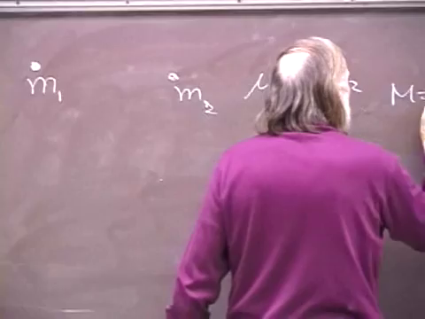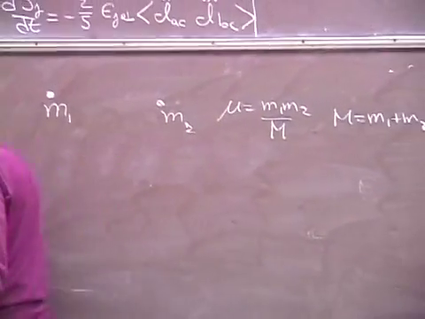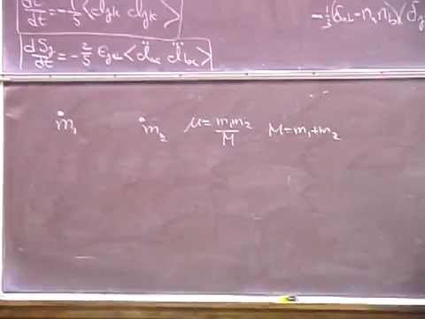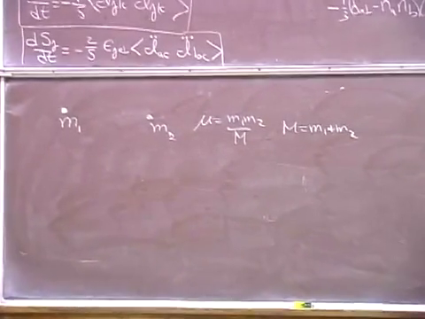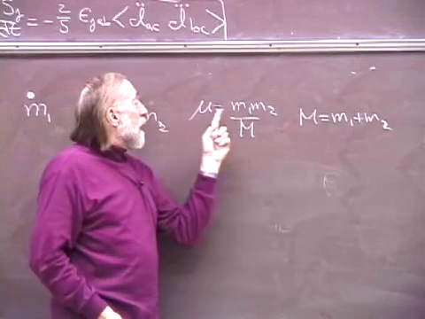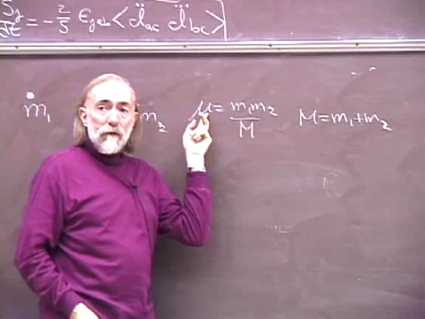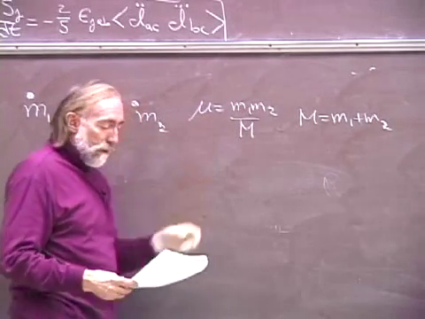The total mass is m1 plus m2. So in the problem set, I had you write the final answer in terms of reduced mass and total mass, even though you treated an equal mass binary. I just asserted that that formula was valid for unequal mass binaries.